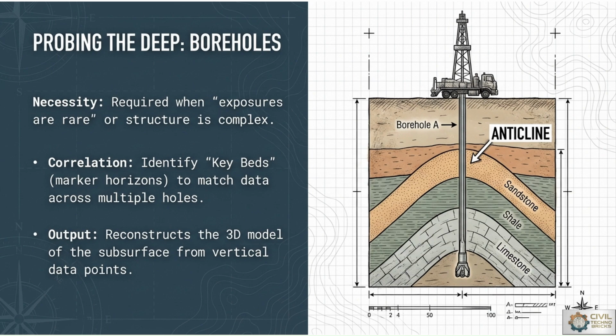The ground has a first soil layer, then some rock layers, and again an anticline rock orientation. Why are we checking that deep? We use bore wells when exposures are rare or structures are complex, meaning we have to study the complex layers beneath the earth's surface, so we prefer the borehole technique.